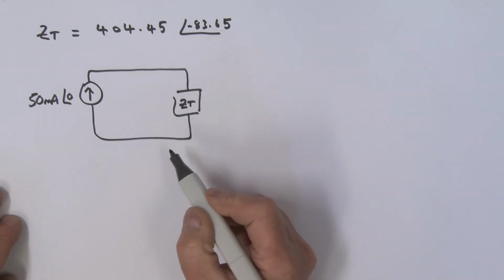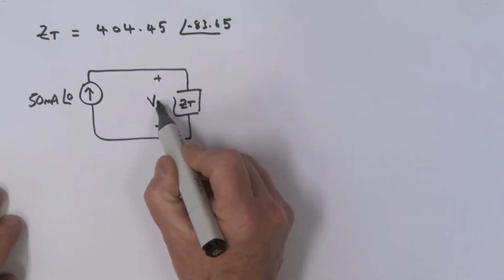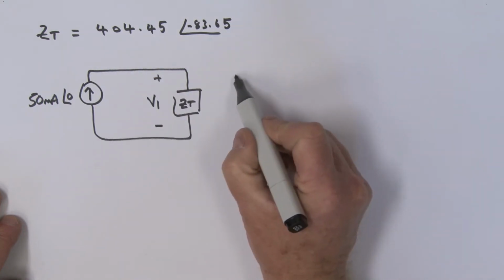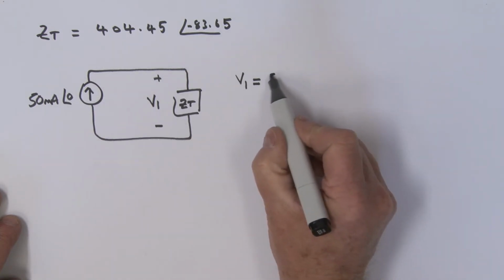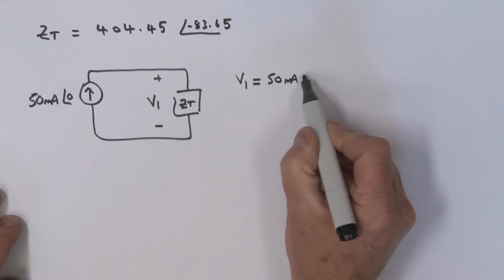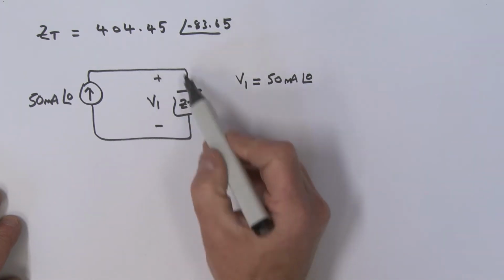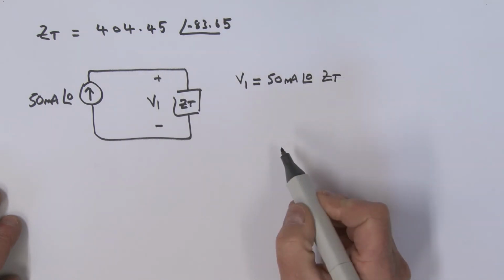And what we're now trying to find is really this voltage, V1. Remember, this is a current source, okay? So what we can say is that this V1 is really equal to that current, which is 50 milliamps, angle 0. And that's going to be what? It's going to be multiplied by that ZT, isn't it? So multiplied by ZT.